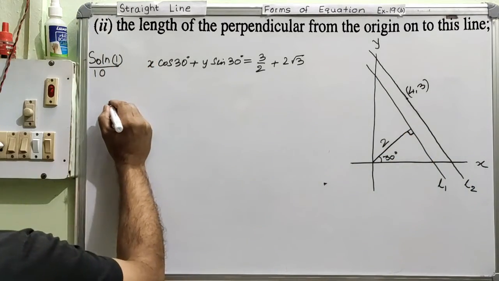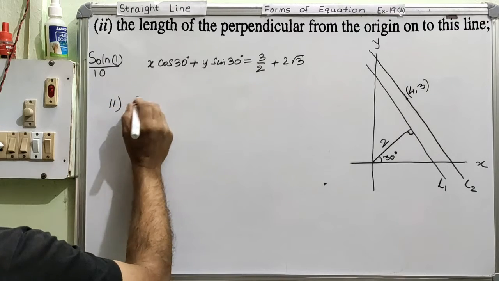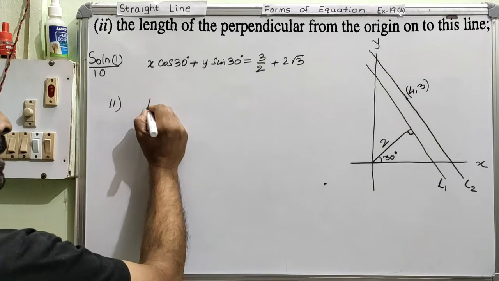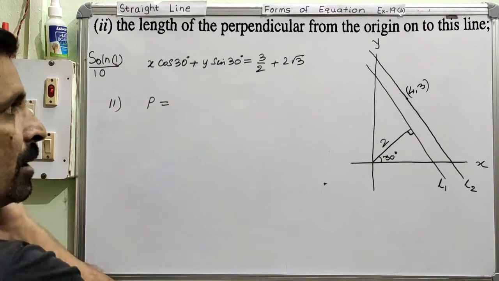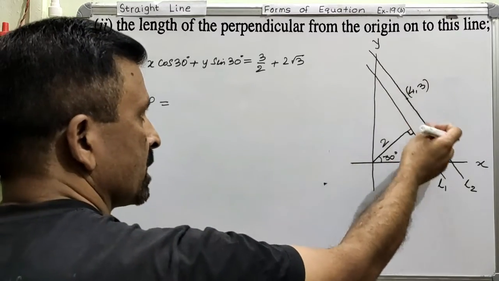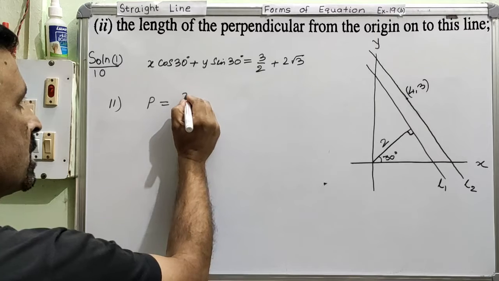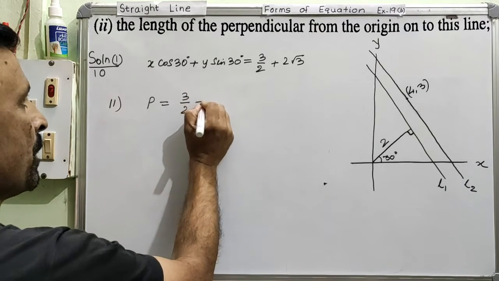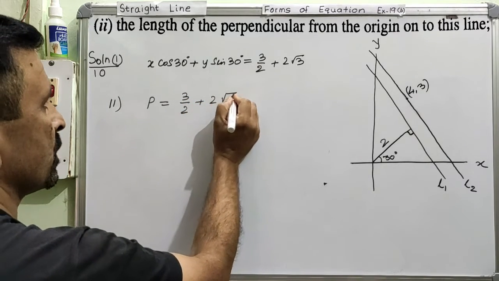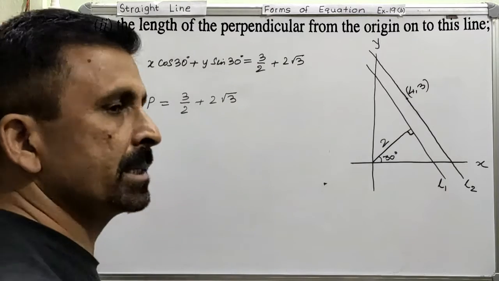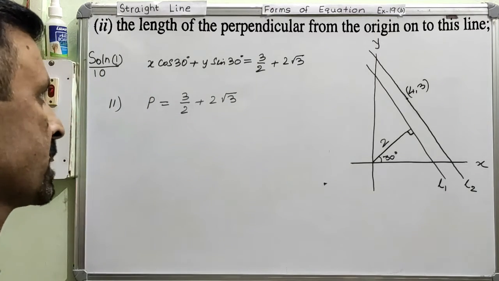And therefore, the answer is very simple. Now, this is the bonus part. You can easily get the value of the perpendicular distance of this line from the origin. So we will just take it as it is. This is 3 over 2 plus 2 root 3. Is this very clear? So this is your part 2.